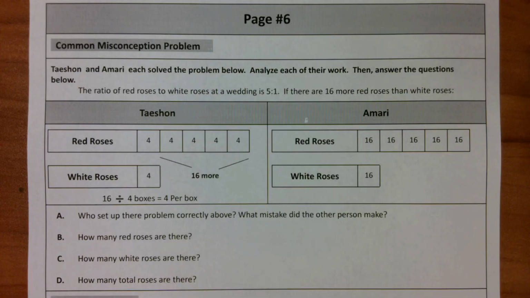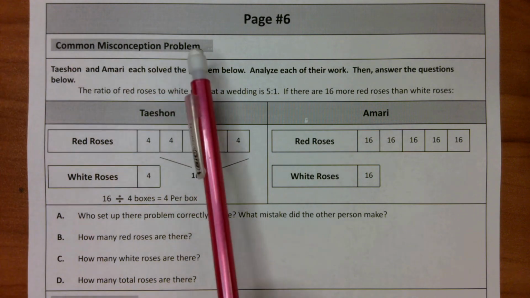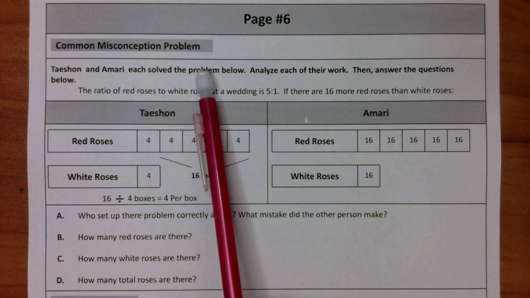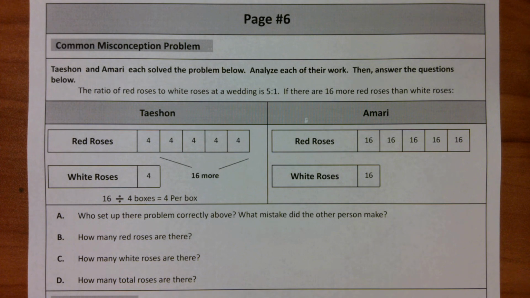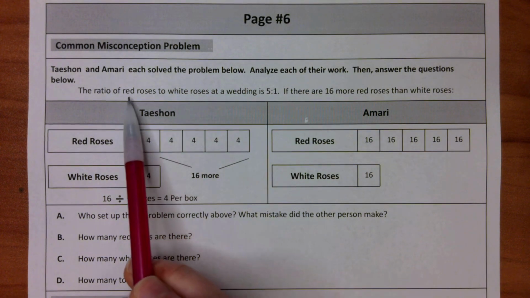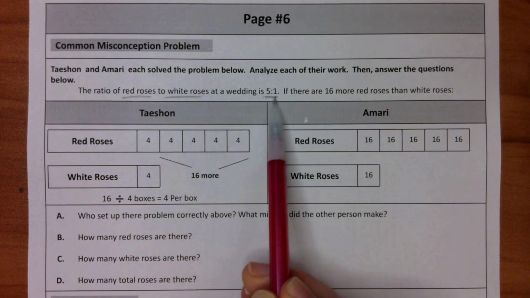Flip to page number 6. Complete our common misconception problem, then come back to the video to check your work. The problem says, Tayshawn and Amari each solve the problem below. Analyze each of their work, then answer the questions. The ratio of red roses to white roses at the wedding was 5:1.